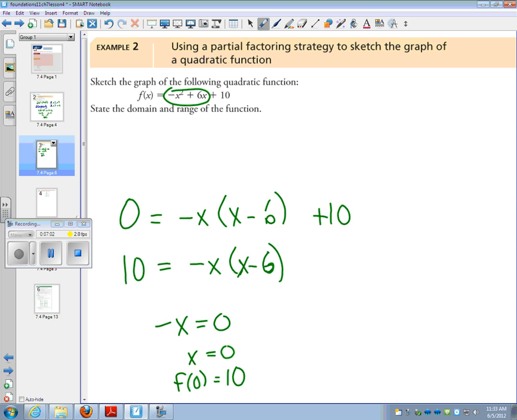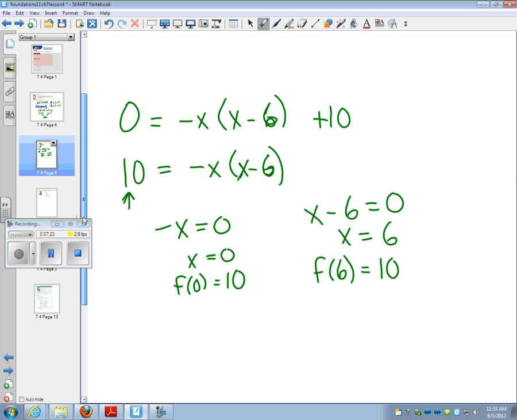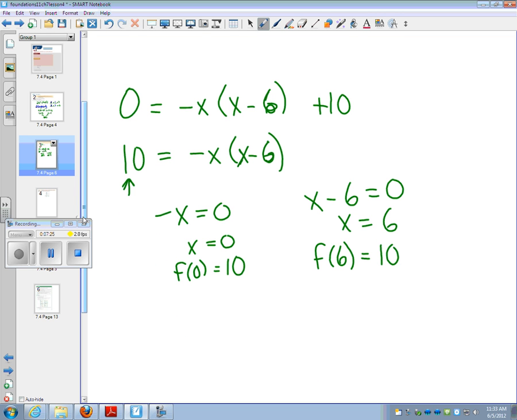Now we say x minus 6 equals 0, x equals 6, and f of 6 equals 10 because of right here. So I'm saying x equals 0, and when I put that 0 in, I get a 10 on this side. That tells me 2 points. It tells me that this parabola is going to go through the points (0, 10) and (6, 10).